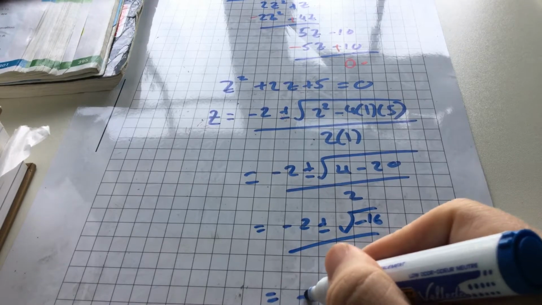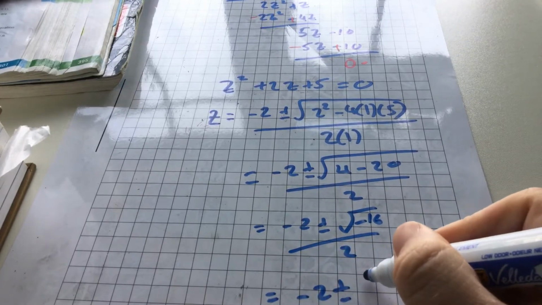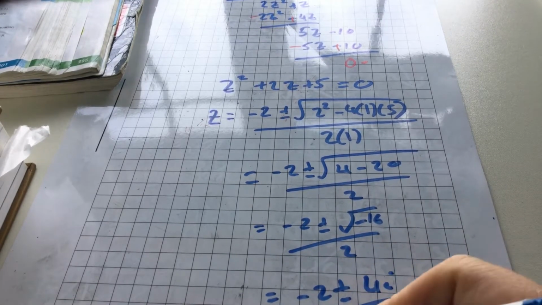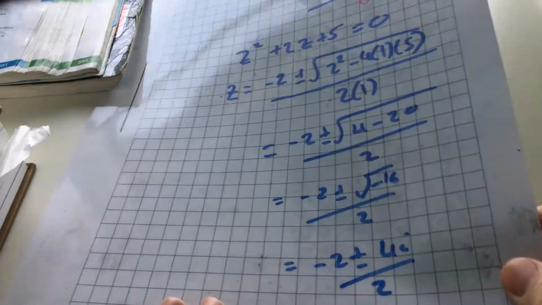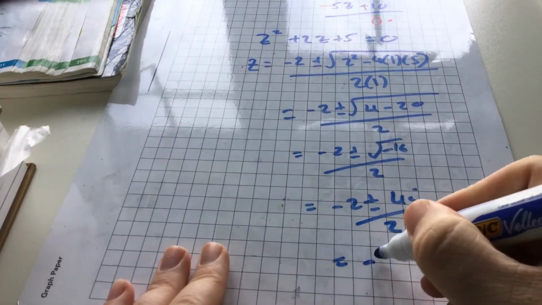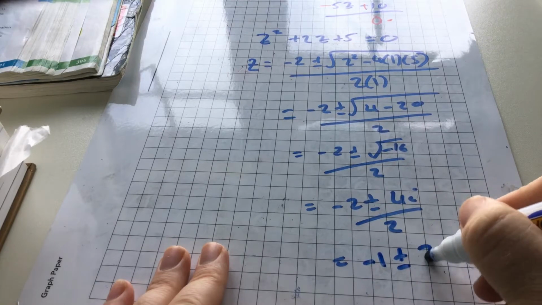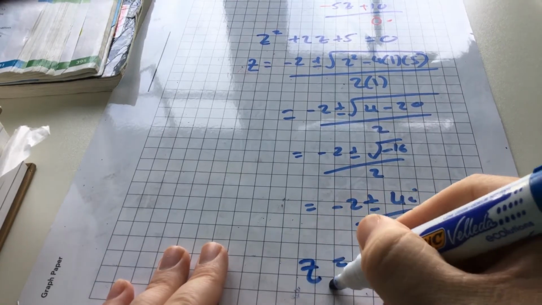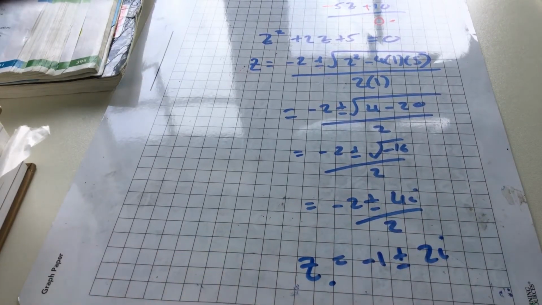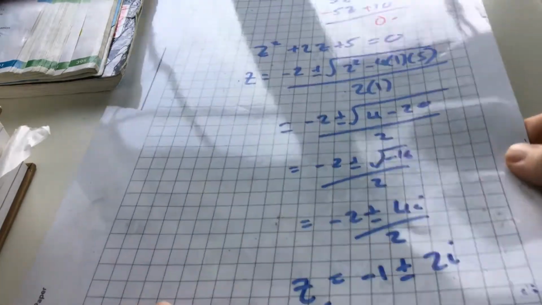So it's minus 2 plus or minus 4i over 2, which is minus 1 plus or minus 2i, and they are the 2 complex roots. So that's question 7.